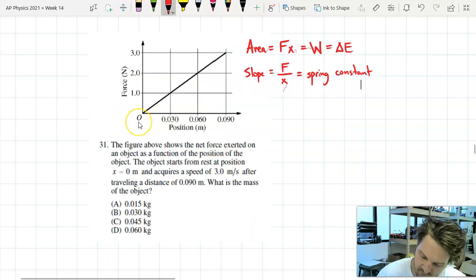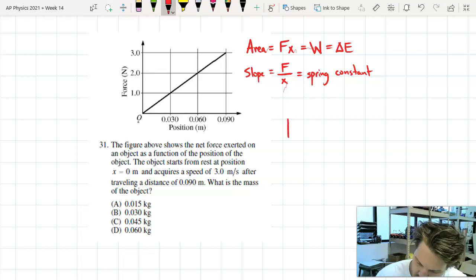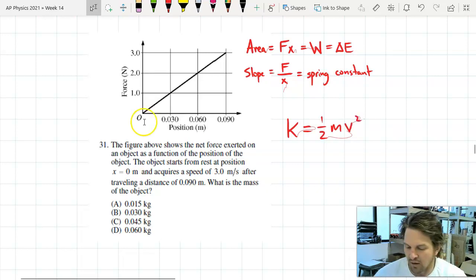So I'm going to say, okay, the kinetic energy is equal to 1/2 mass velocity squared. The amount of kinetic energy it has is going to come from the area of this graph.